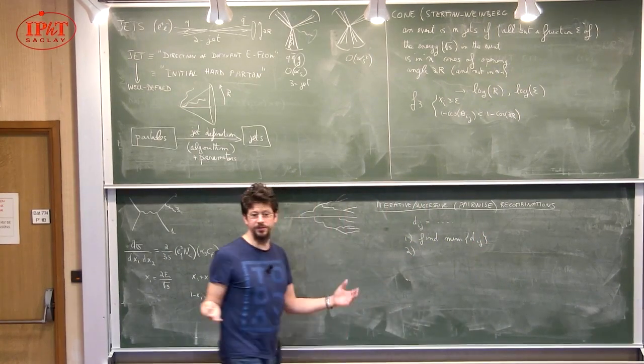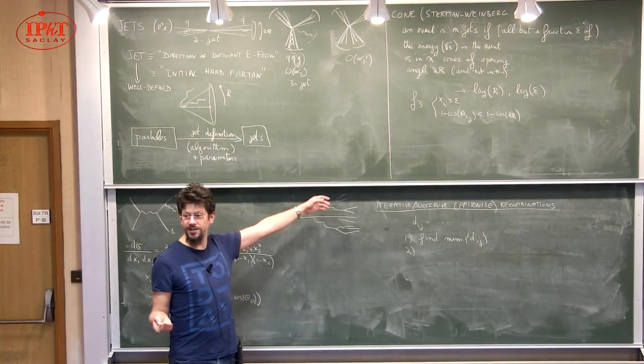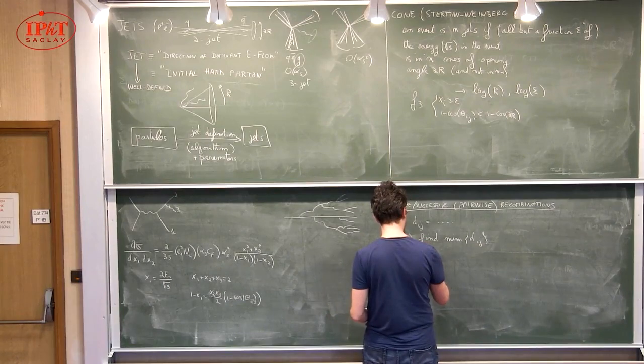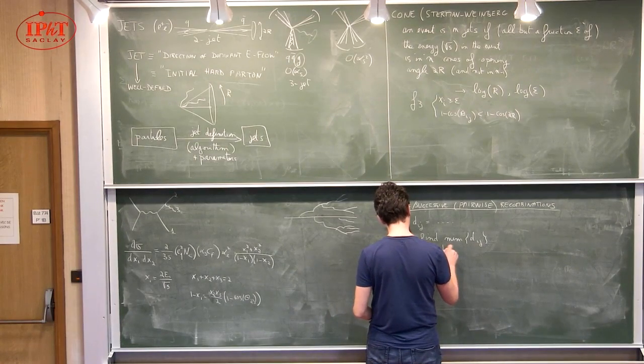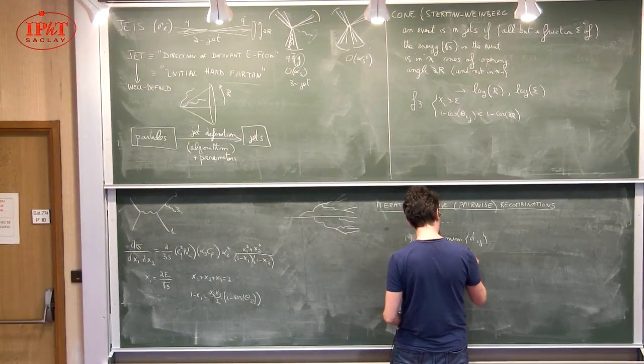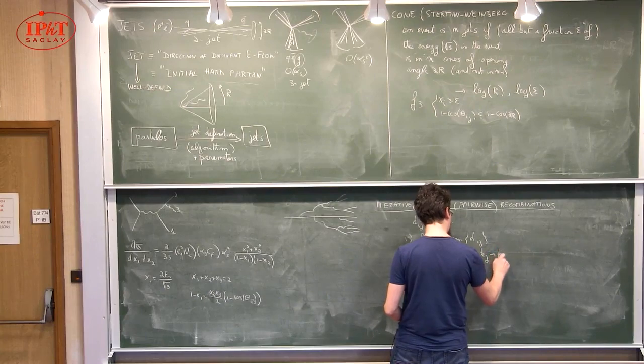Well, these minimum dijs probably come from a common ancestor, so I'm going to recombine them: recombine, say, ki plus kj into ki plus j.